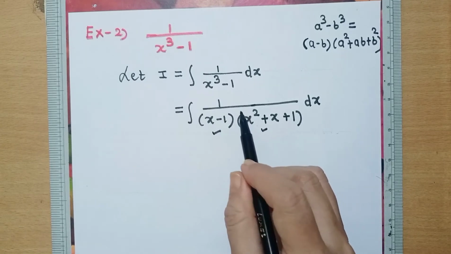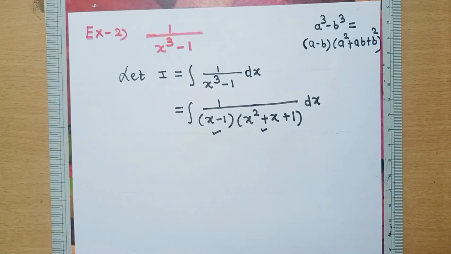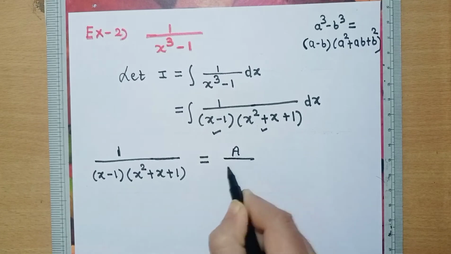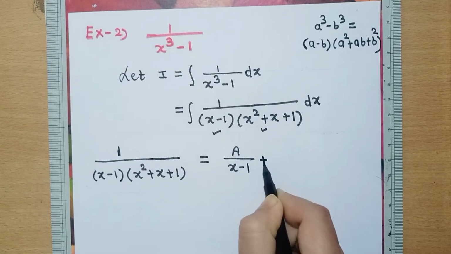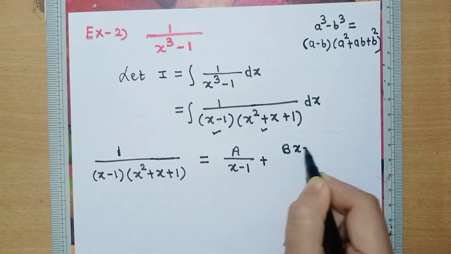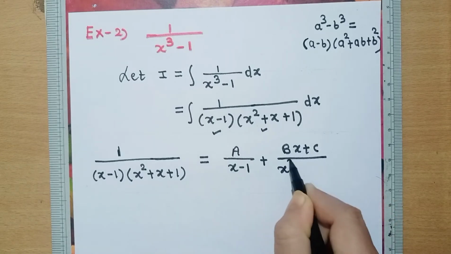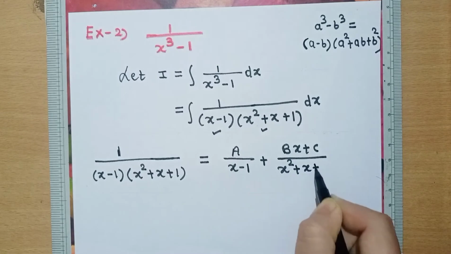So again we will express this integrand as a upon x minus 1, and here we are writing bx plus c upon this quadratic factor x square plus x plus 1.